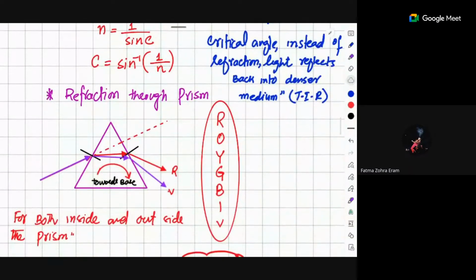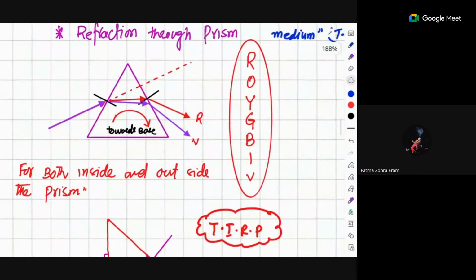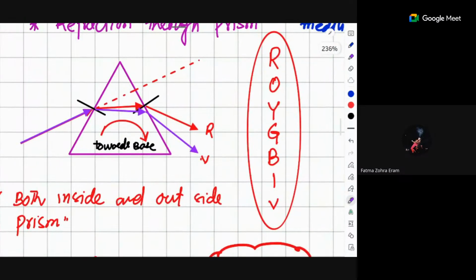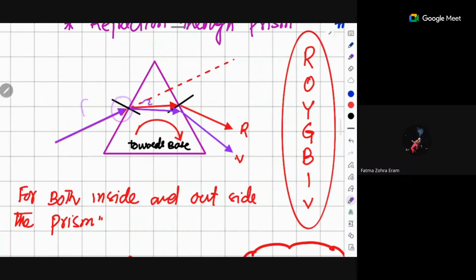Now, in the next discussion, we will be talking about refraction through a prism. This is a special situation in which the light entering one side of a prism at a certain angle, not exactly 0 degrees, is not traveling straight.